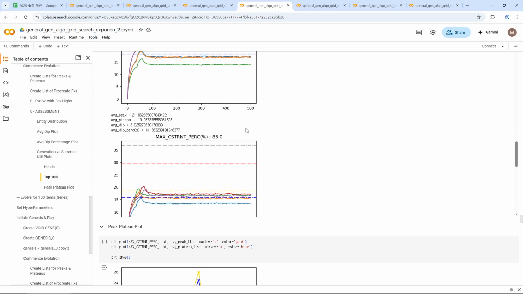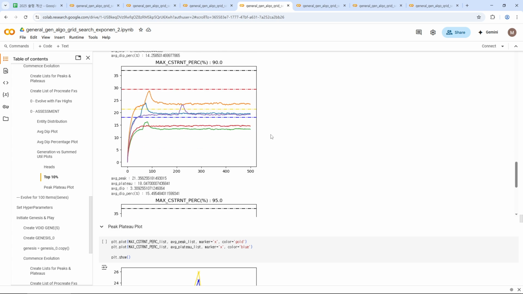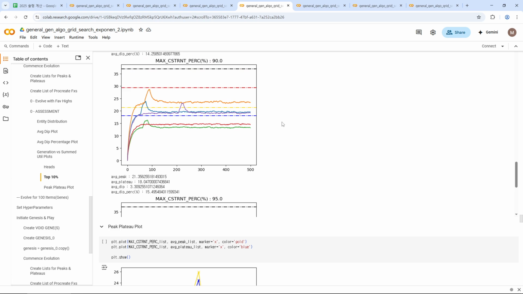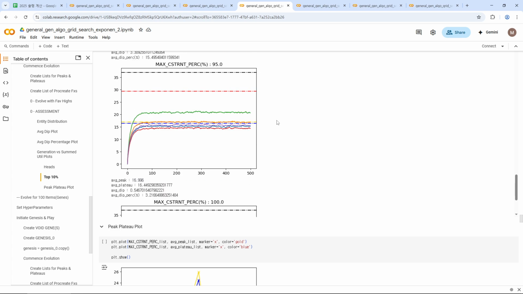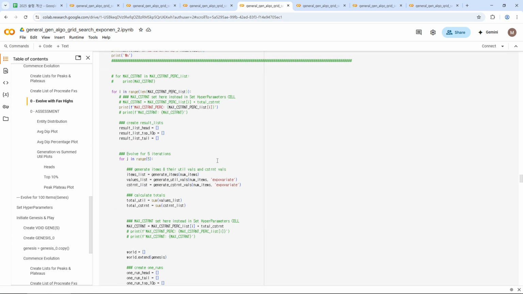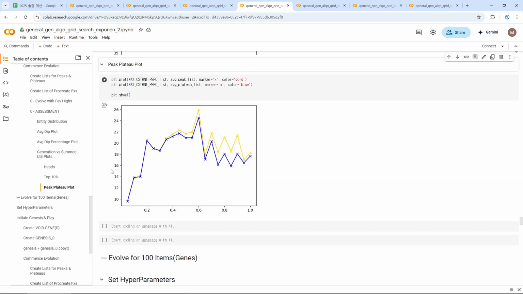80%. 85%. Well, so by now I think I can just safely assume that dips happen, as far as the way I evolve things is concerned, and stay the same. Dips happen at around when maximum constraint percentage is 70%.